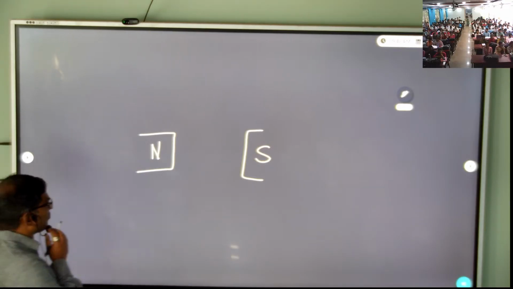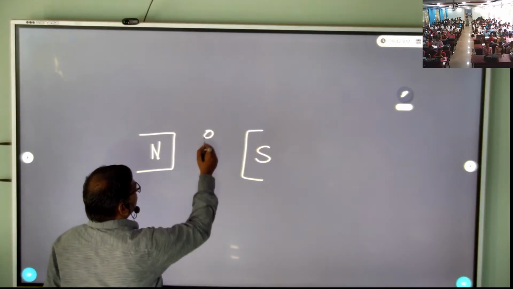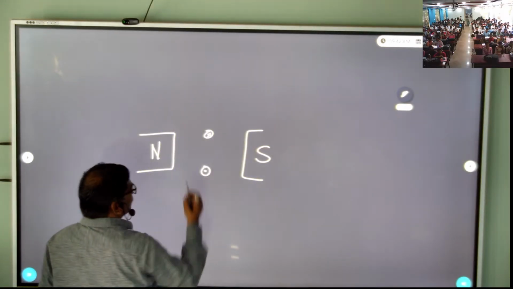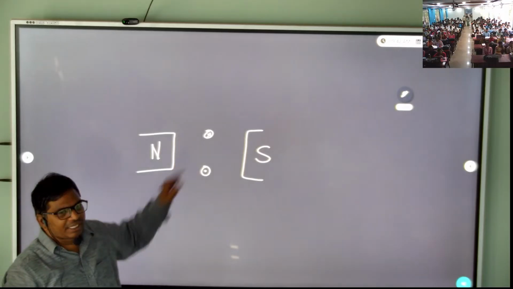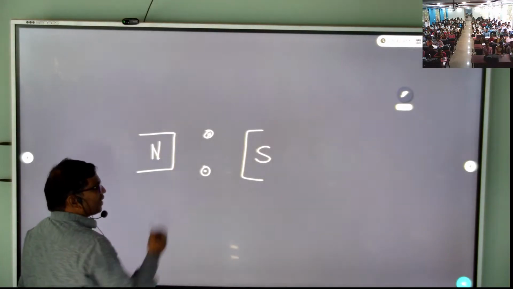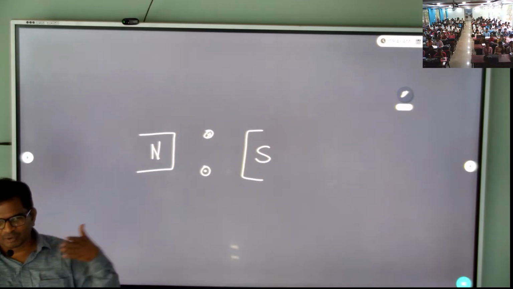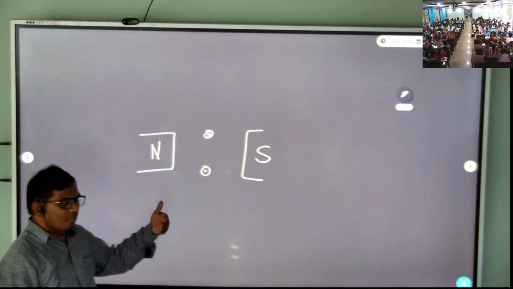Simple. See here, I think you know the conductor. This cross symbol indicates that current is going inside, and the dot symbol indicates that current is coming out of the board.